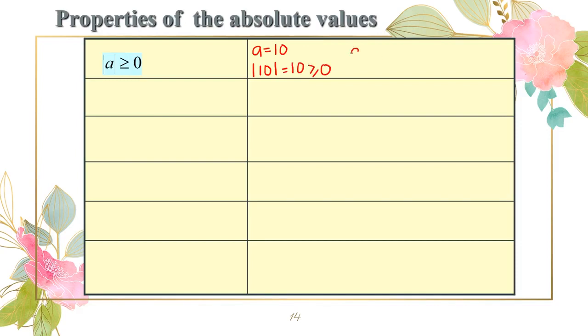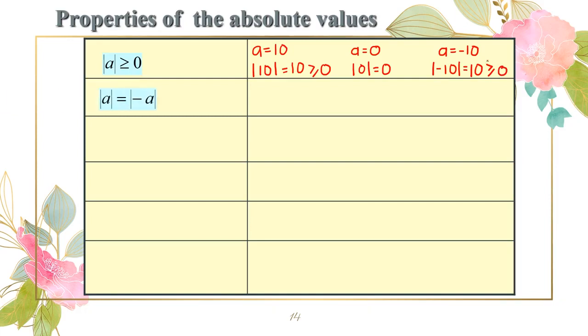If a equals 0, the absolute value of 0 is 0, which is equal to 0. If a is a negative number, for example negative 10, the absolute value of negative 10 will give us a positive number, which is 10, which is also greater than or equal to 0.